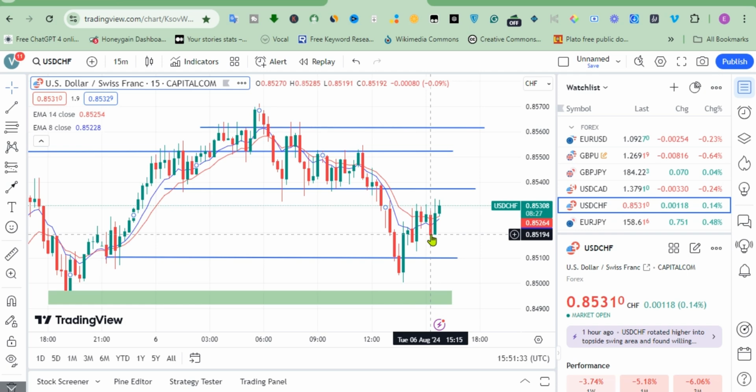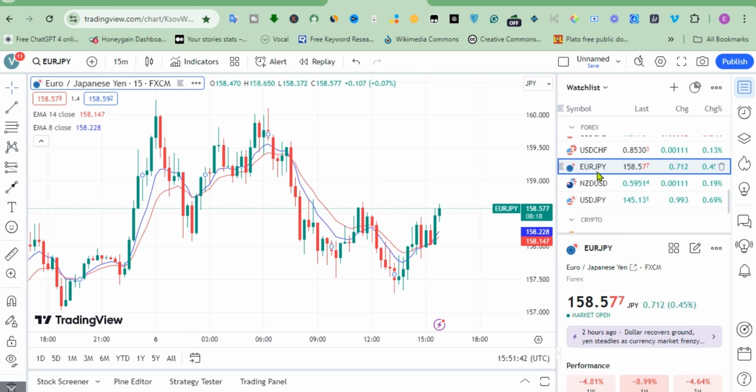So the other one, let's go to Euro JPY. The same thing is happening here also. You can see price go to this stage, price go to this. Let me draw this line here.